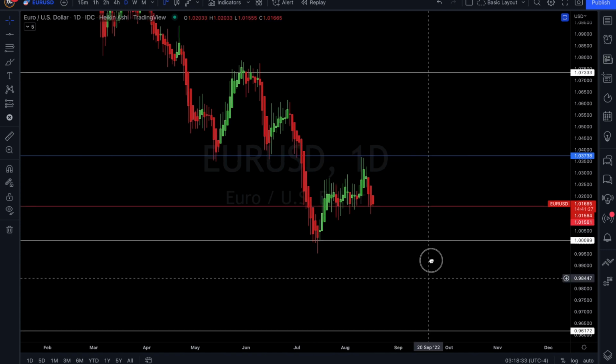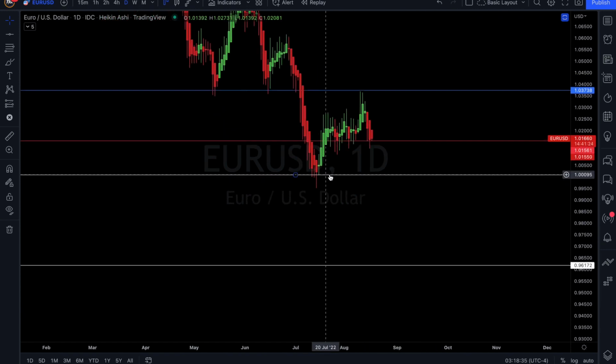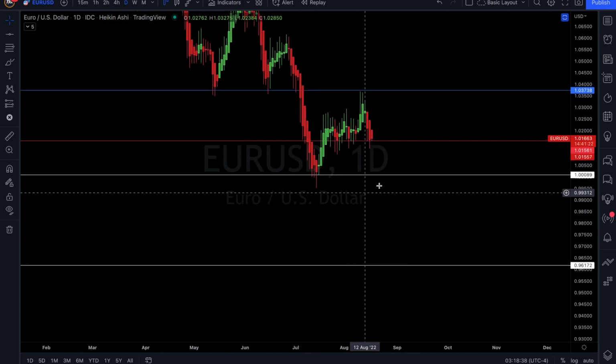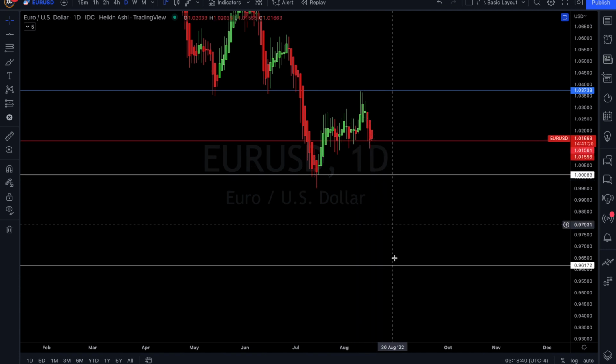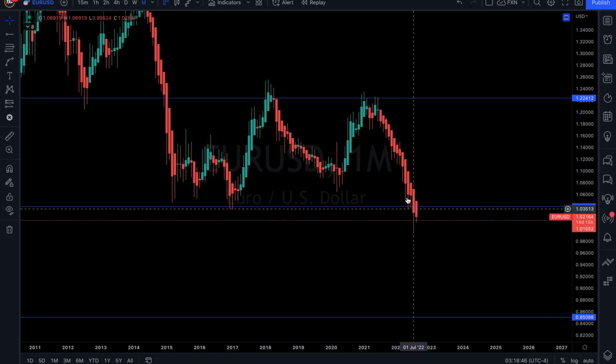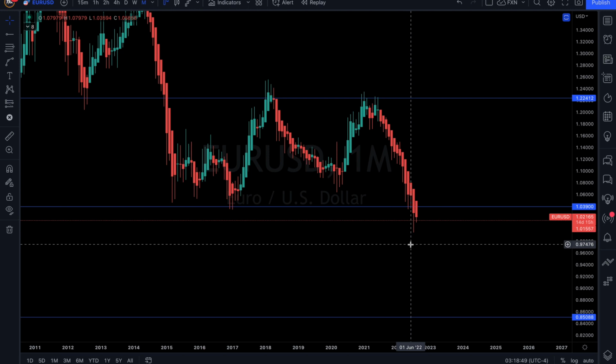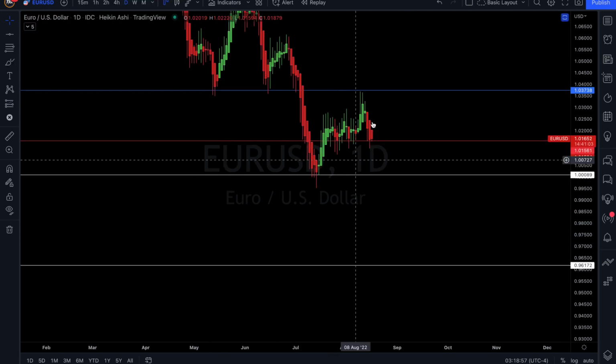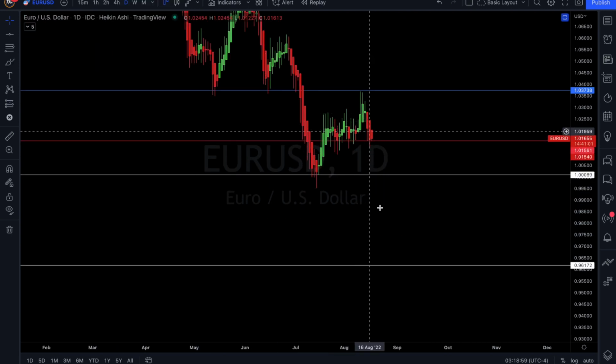Once it breaks some major structure point like a weekly, we can expect price action to come down to the next weekly structure point, because we're solely basing it again off of the monthly chart where we're seeing price action break through. So because of that, we can anticipate that the sell-off is going to continue.